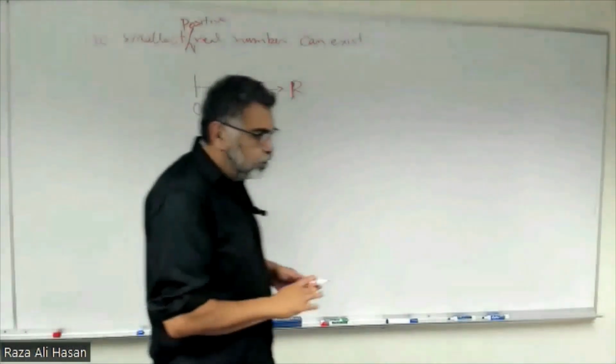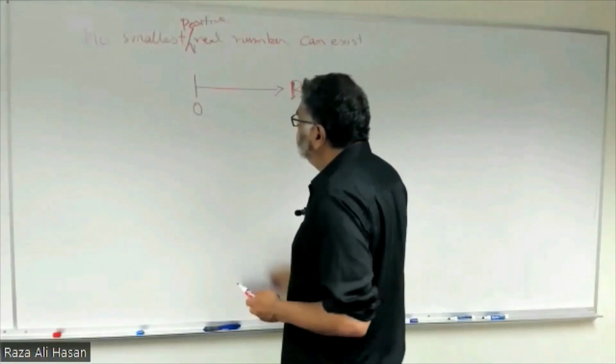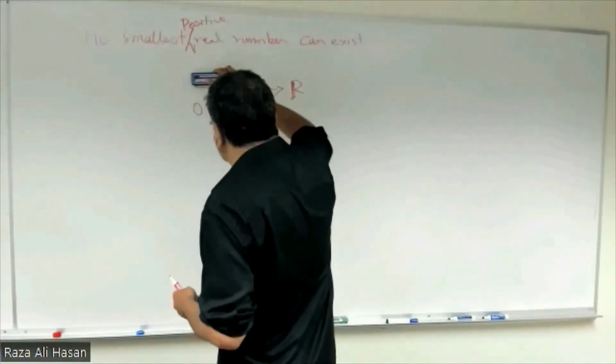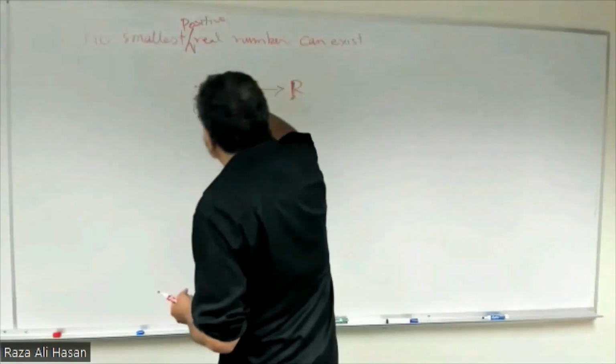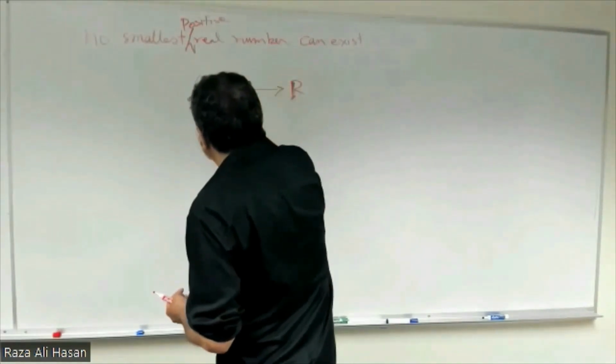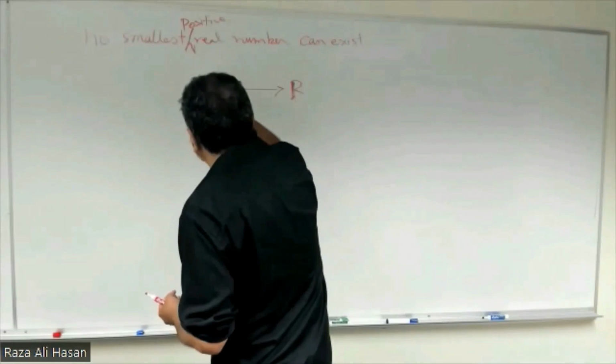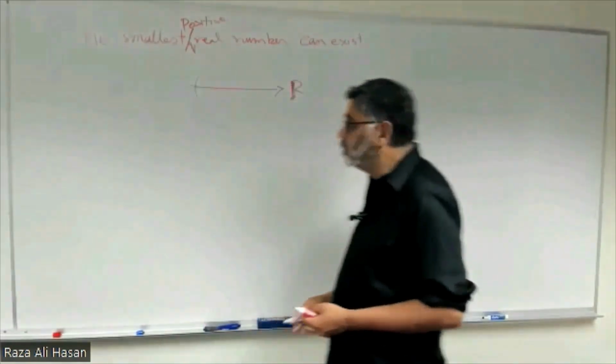Positive real numbers do not include 0. So we're going to put 0.0001 here, and then this is whatever.